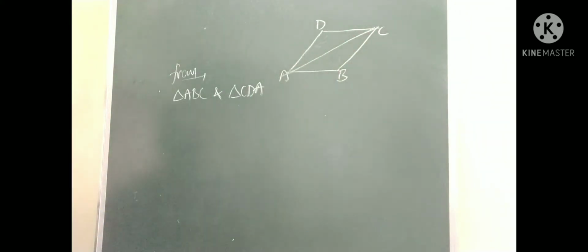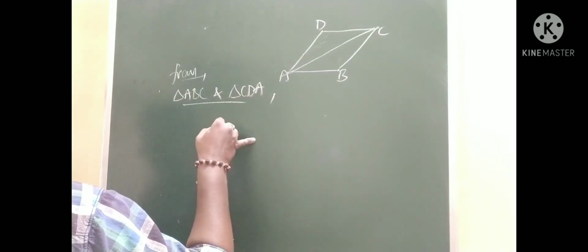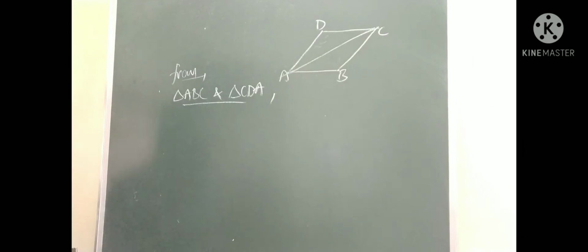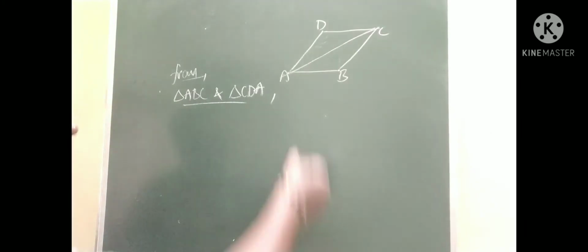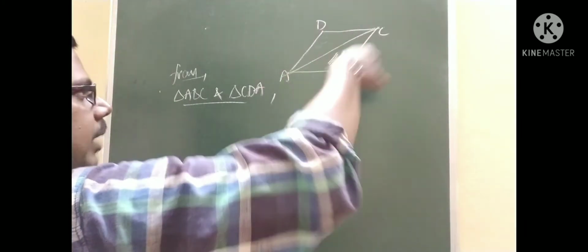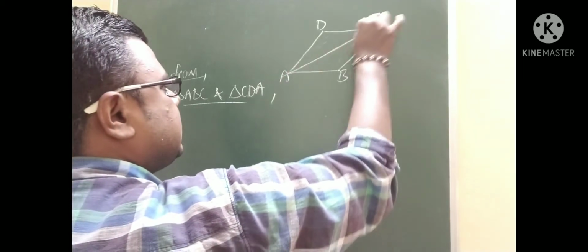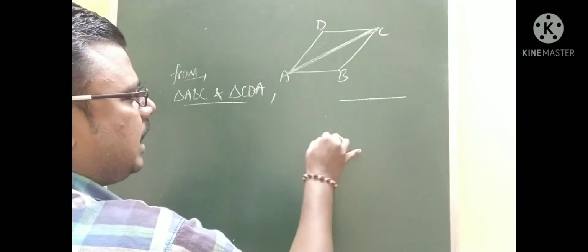From these two triangles, I will first see AC, which is considered a diagonal of the parallelogram. But if you look closely, it will be considered a transversal for DC and AB.